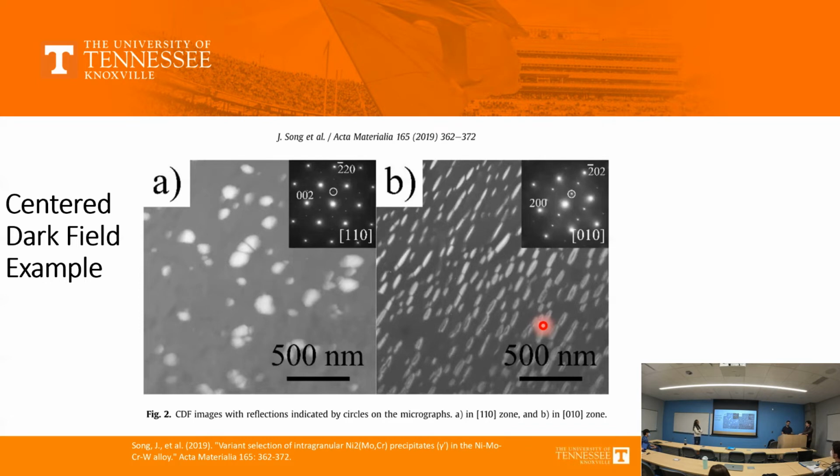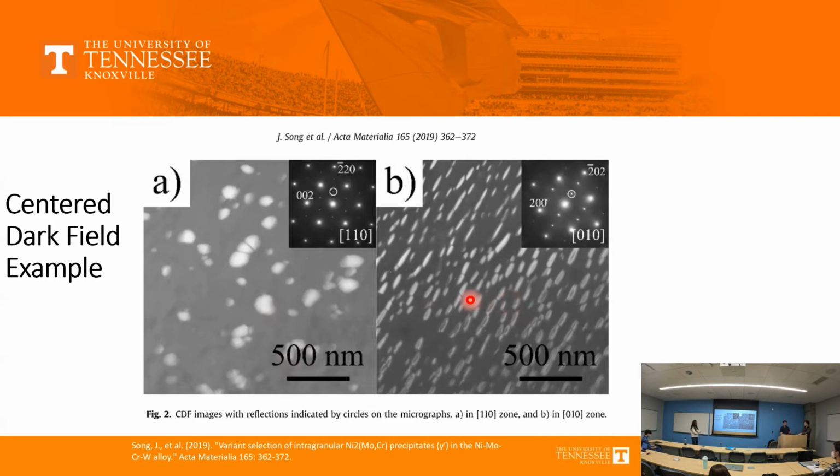These precipitates are lenticular, so kind of lath shaped. They're very long on one axis. On the left side, you're basically looking normal to the habit plane, and on the right side, you're looking parallel to the habit plane.